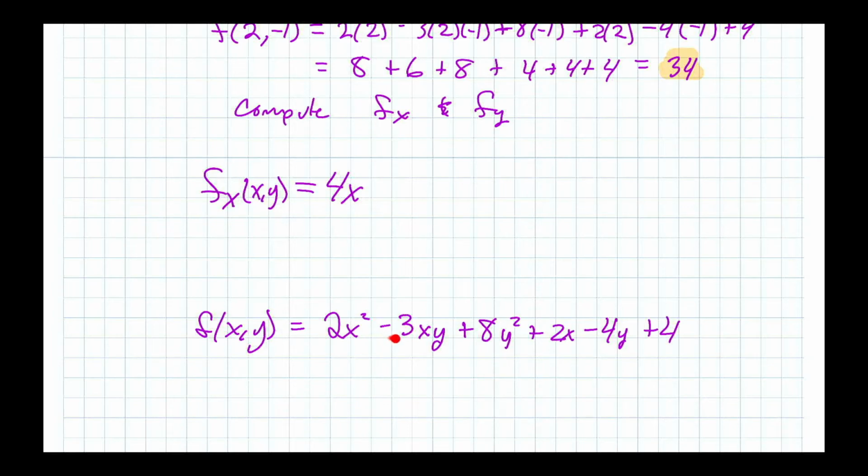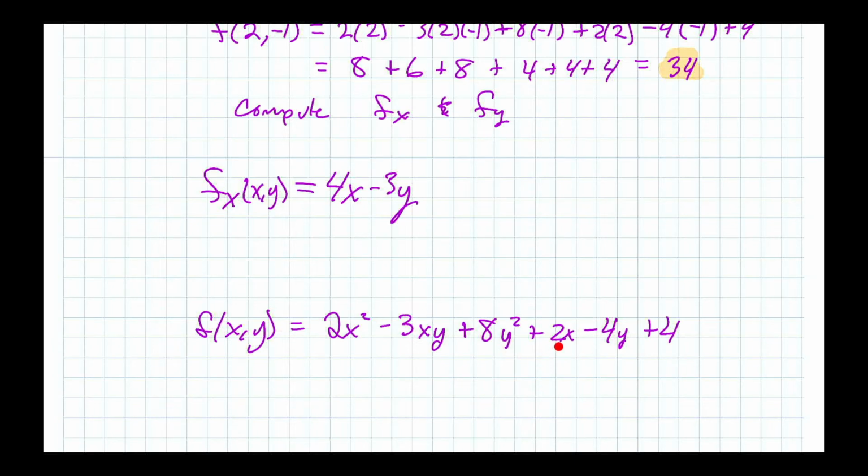The derivative of negative 3xy, we're treating the y and the 3 like they're constants, so the derivative with respect to x is negative 3y. That's the kind of derivative that feels wrong, because you're writing a y but doing an x derivative, but that's correct. Then the derivative of 8y squared is 0, because there's no x's.